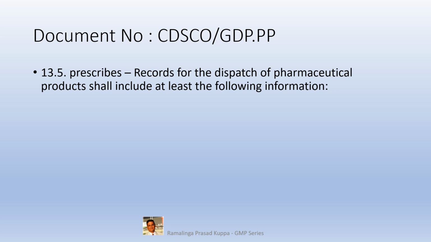The Central Drugs Standard Control Organization, CDSCO, the apex drug regulatory body, prescribes in detail under section 13.5. Here also it prescribes that this information is a minimum requirement for distribution records.